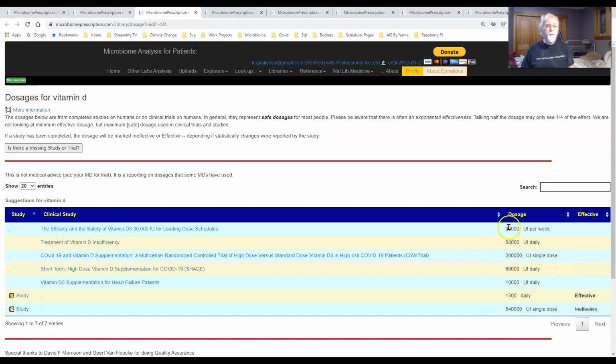And here we have people trying different dosages. So if you take a look through here, what dosage should you take? Well, probably these 10,000 IUs of vitamin D, 30,000 in a week, divided by 7. That's about 4,000 a day.